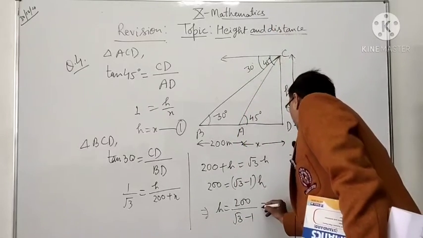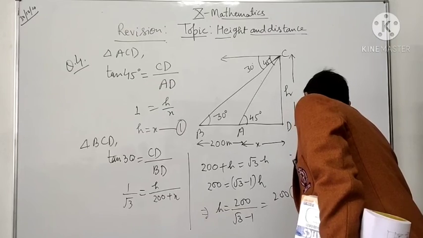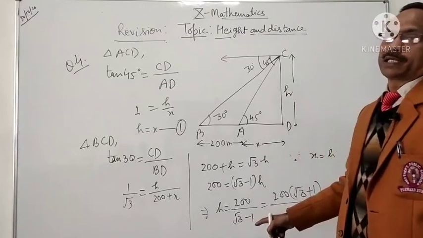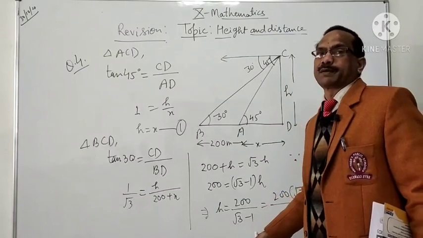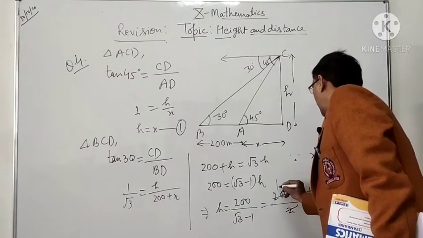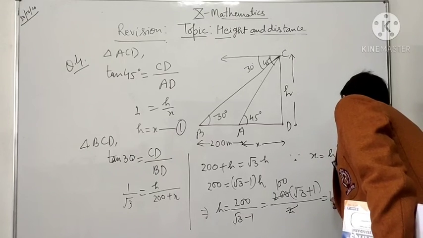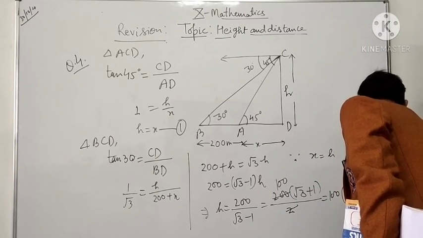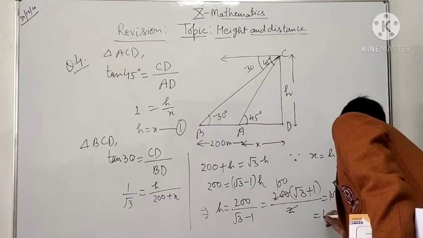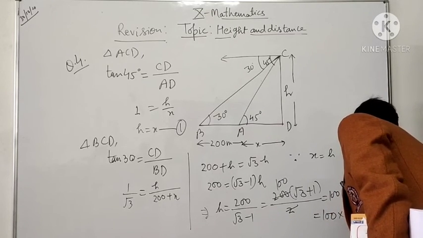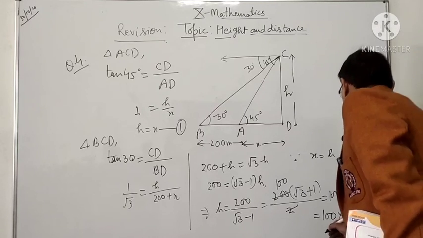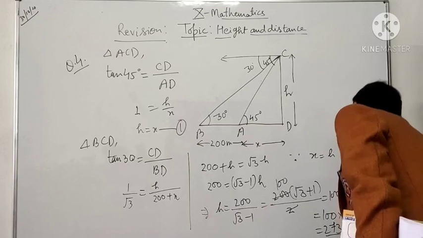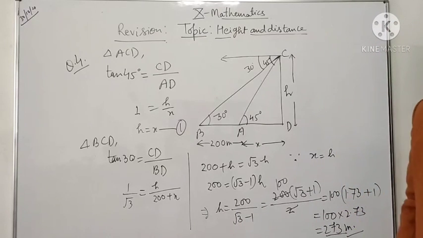After rationalizing, it becomes 200 into root 3 plus 1 upon 2, as 3 minus 1 is 2. Now it is 100 into root 3 plus 1. Root 3 is 1.73, plus 1, it is 100 into 2.73. So answer will be 273 meter. Height of the lighthouse is 273 meter.